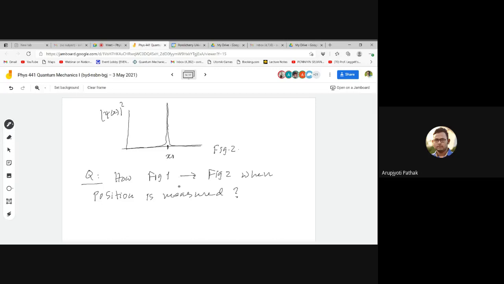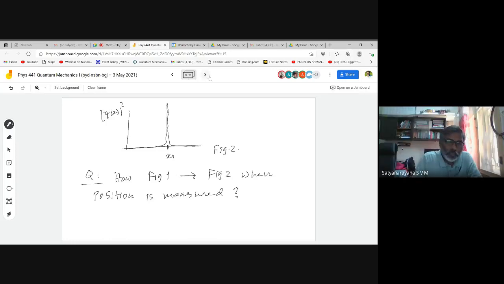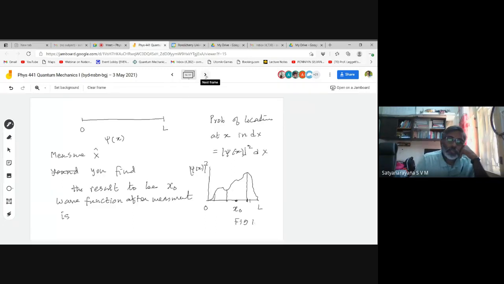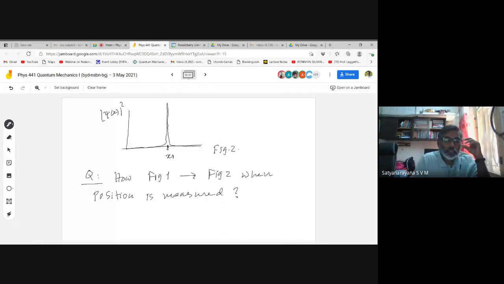Yes, sir. Is the 100% probability somehow clumped together in a position? Yeah, so your probability, which was a distribution like this, as shown in figure 1, is now somehow 100% at x naught. Yes, sir. How does the probability cluster in this kind of case?